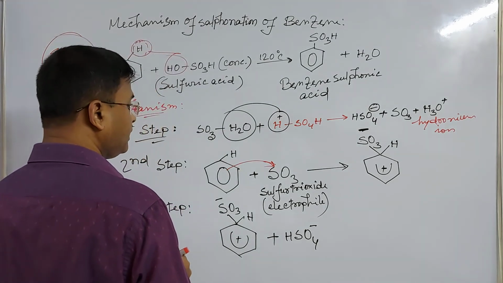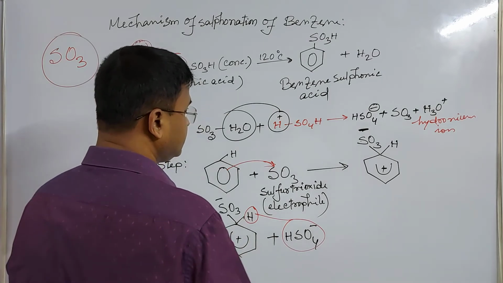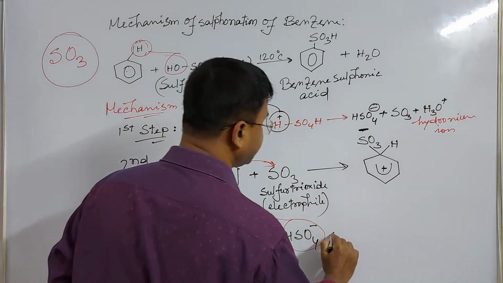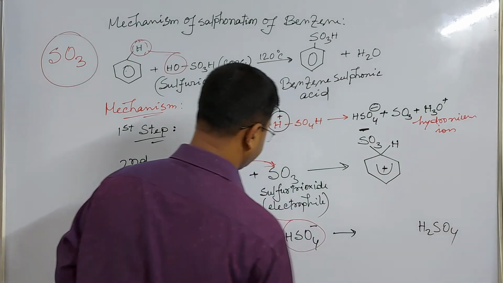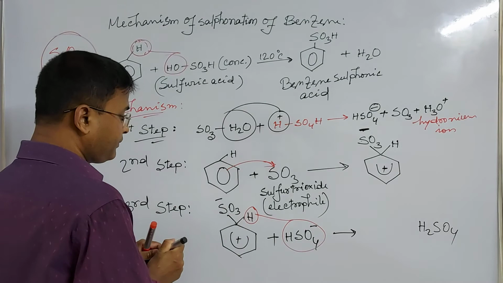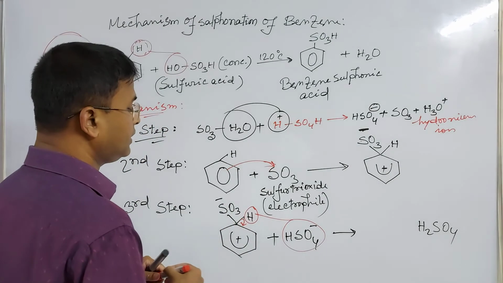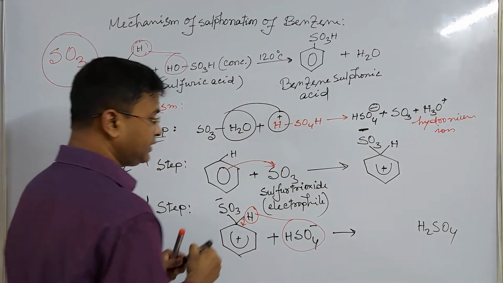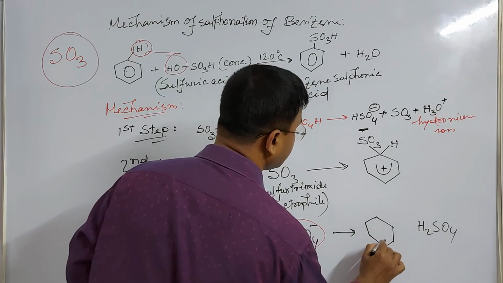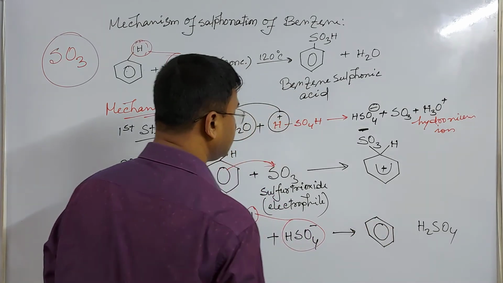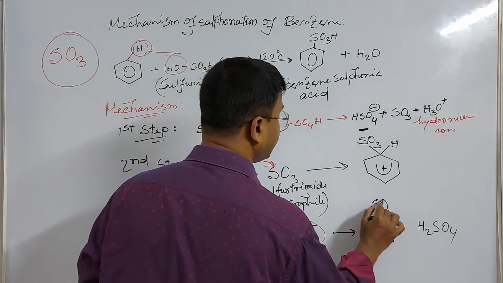This proton combines with hydrogen sulfate to produce sulfuric acid, H2SO4, and after releasing the lone pair electrons to the benzene ring, this positive charge will be neutralized, and it becomes normally a circle, delocalized electrons, to produce a negative ion.